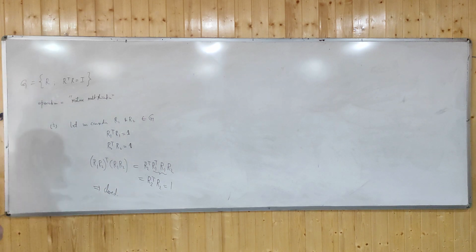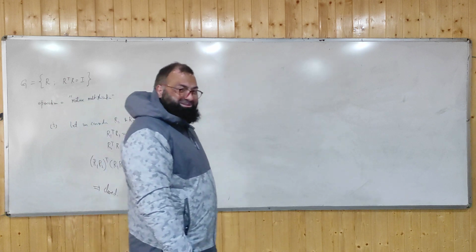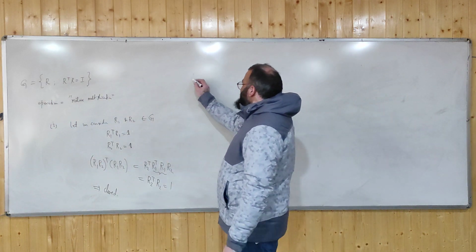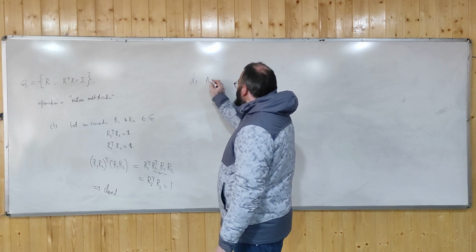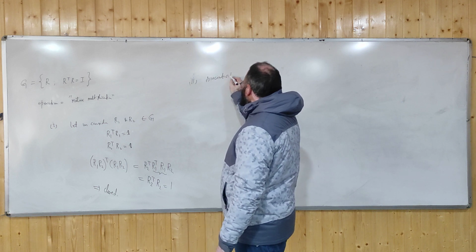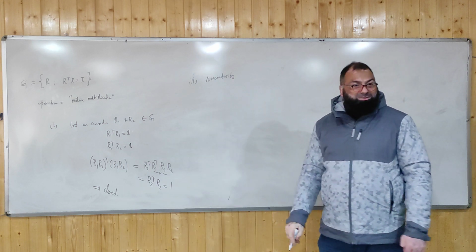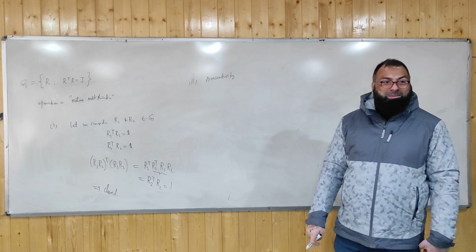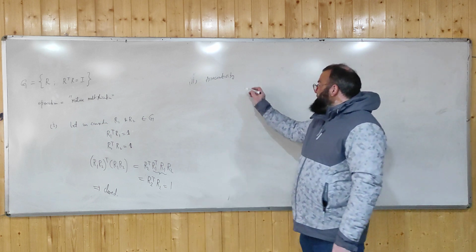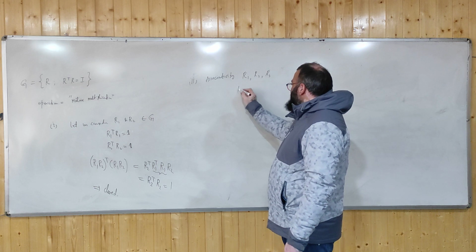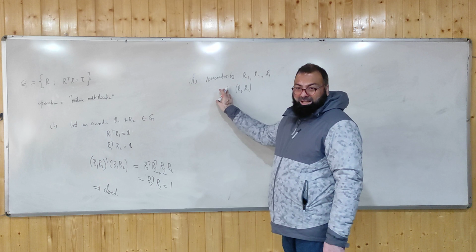Closure is satisfied. The assignment for you is to show the associativity. You need to check the associativity property of this group. You will consider three elements, R1, R2 and R3. First consider R2 R3, then multiplied with R1.